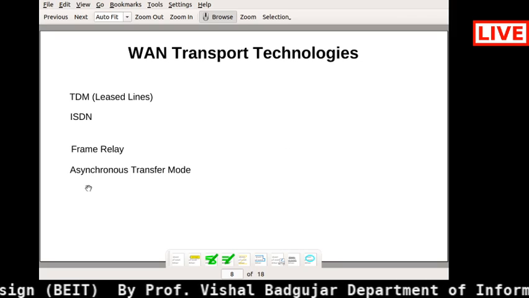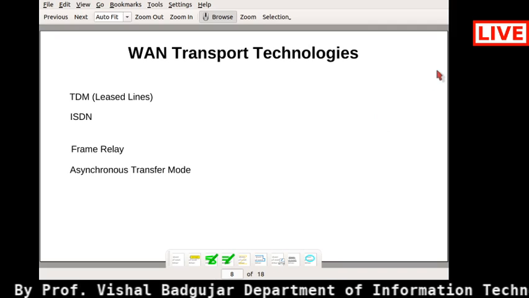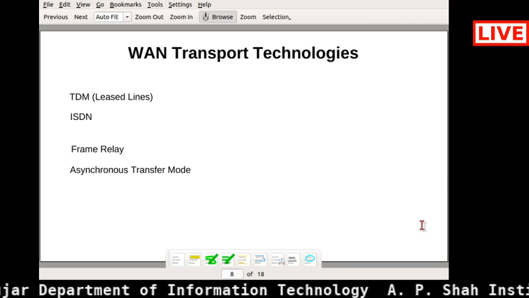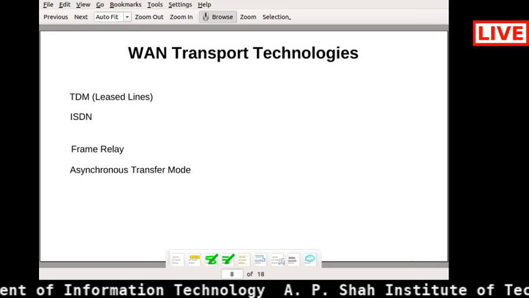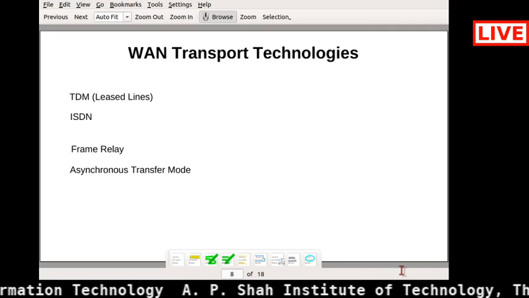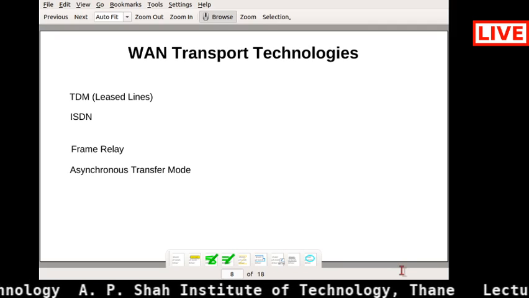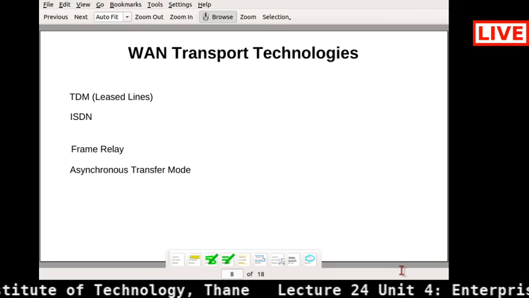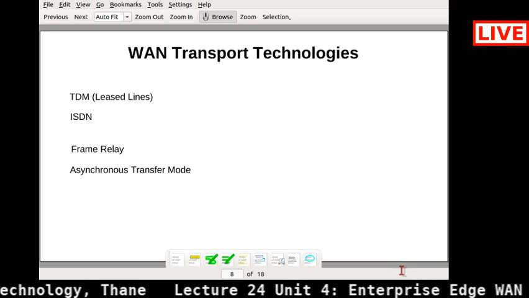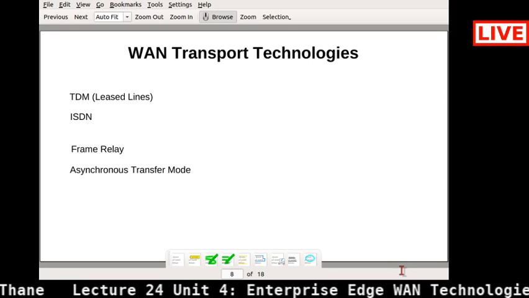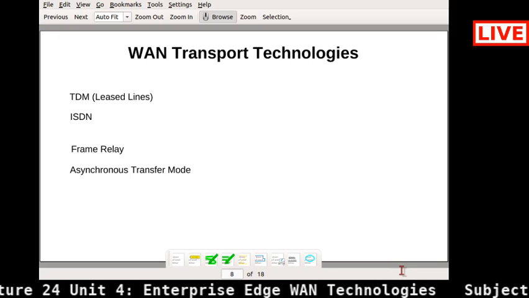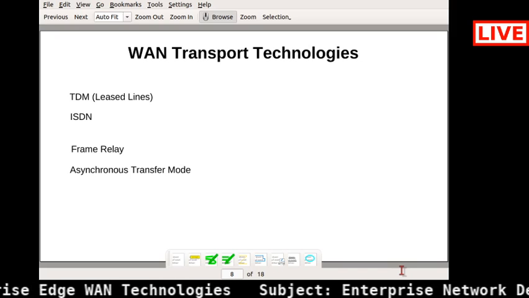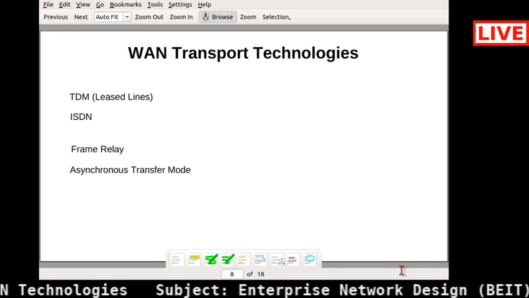So we will start with TDM. In TDM, this is nothing but the leased line itself. It is a type of digital multiplexing, representing bits, where two or more channels are interleaved on a time basis.